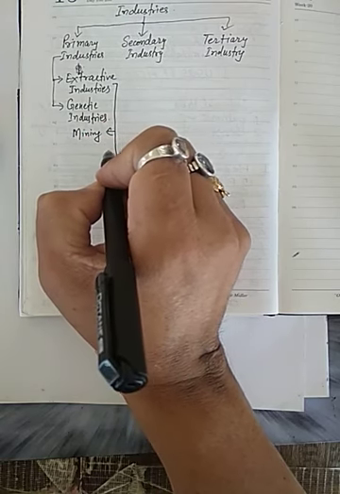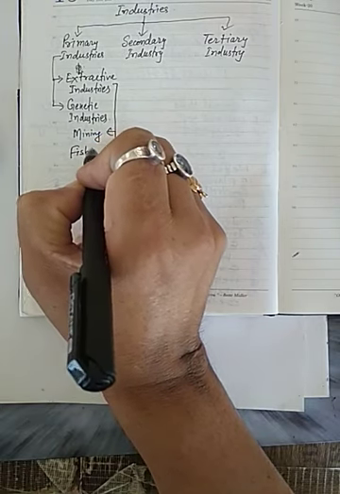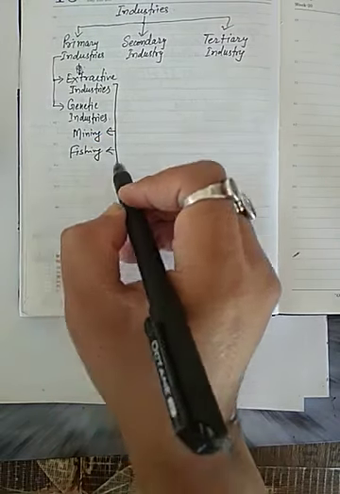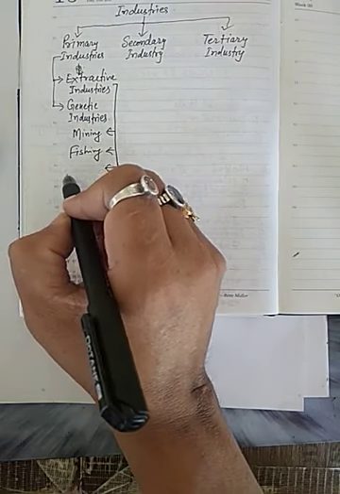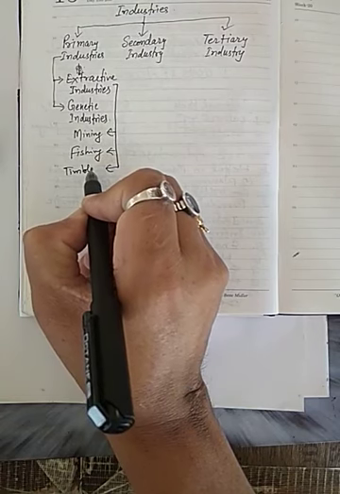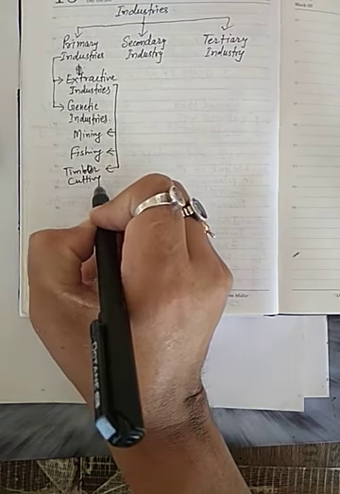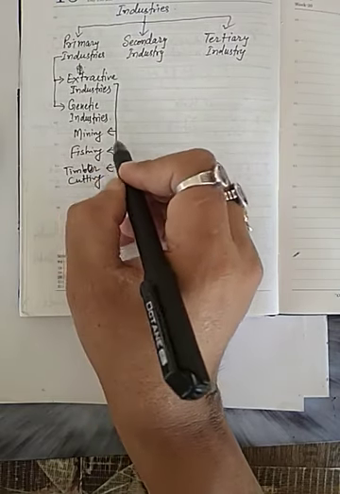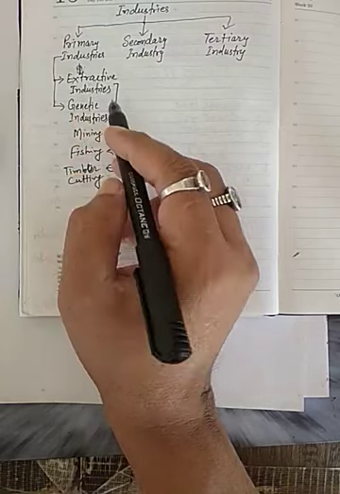Second, fishing. Third, timber cutting, etc. are the best examples of extractive industries.